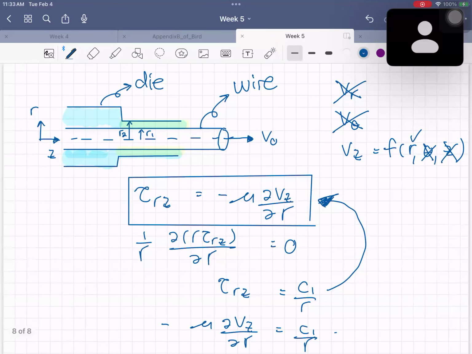So if I define C1 prime equal to minus C1 over mu, because I'm going to move mu to the other side, okay? So all right, let's wait for just a second. Done?